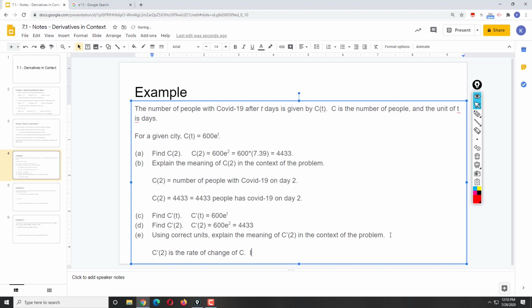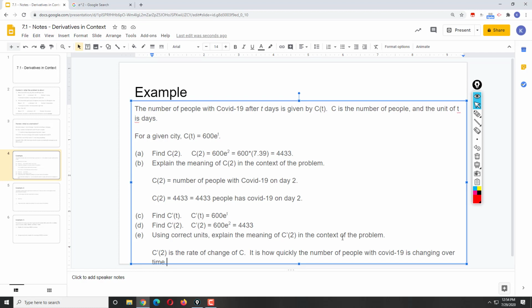In other words, it's really how quickly C of t is changing. C of t is the number of people with COVID-19, changing over time. It's time because t is time.